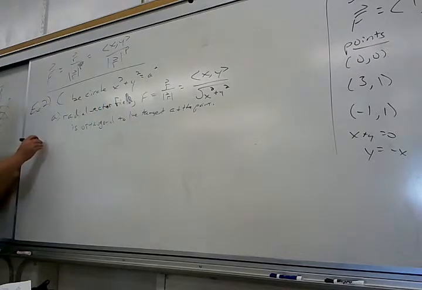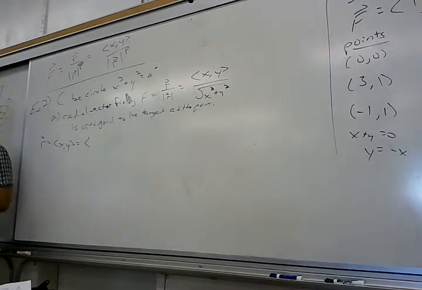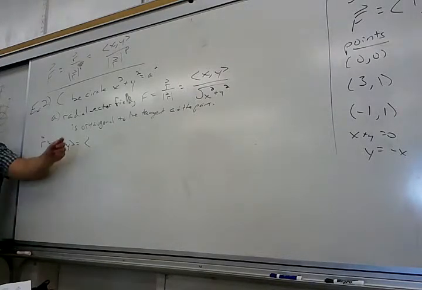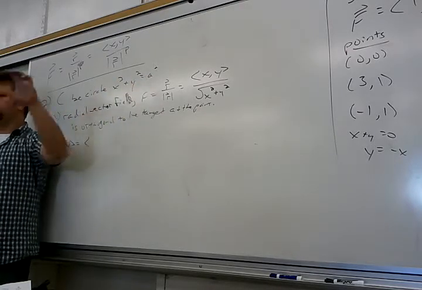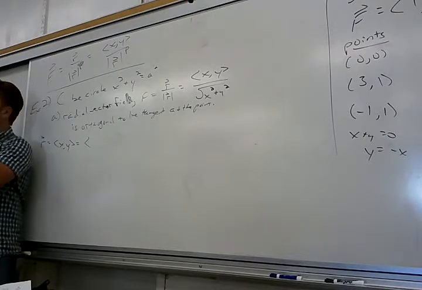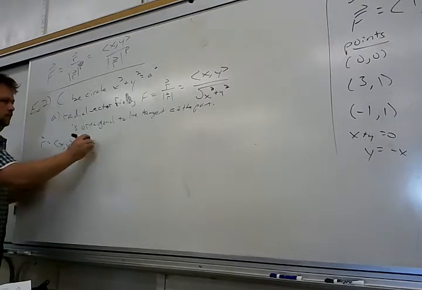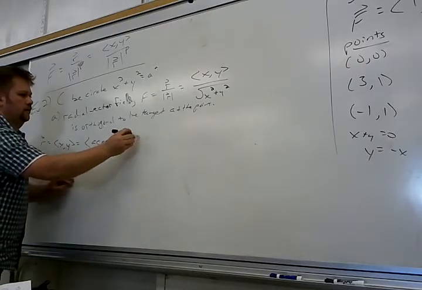So can somebody help me out? How do I define a circle? X and Y have to be how related to the radius, which is A here? We know this from polar coordinates. X would have to be A cosine theta, and Y would have to be A sine theta.